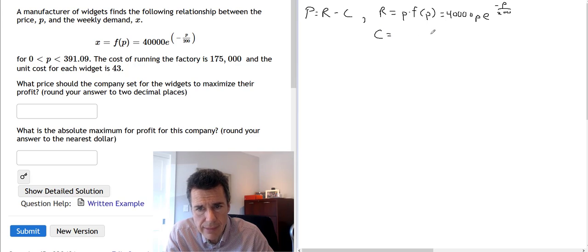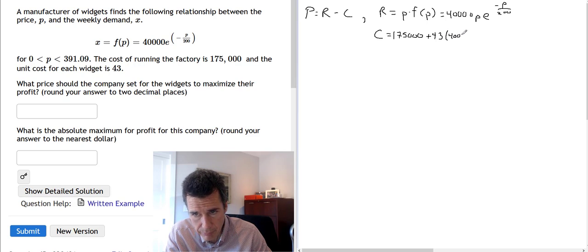Cost is a little more painful because each widget costs $43, but we want a function of price. So it's going to be 175,000 plus 43 times f of p.